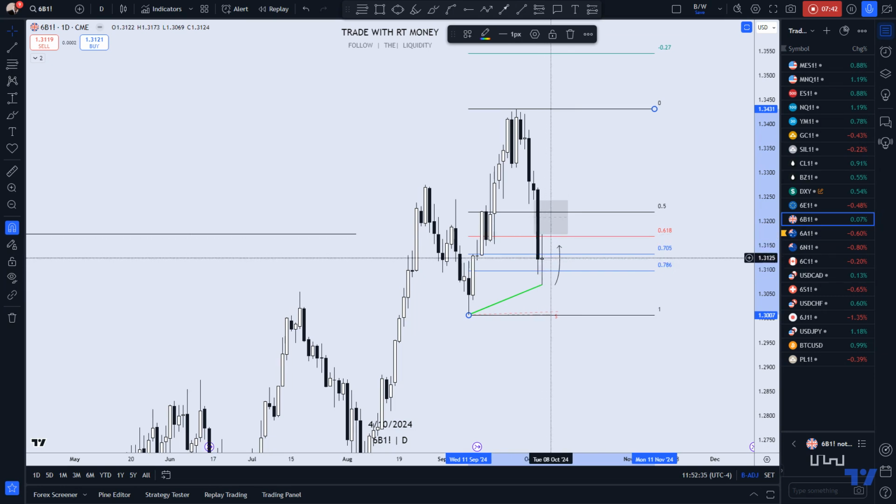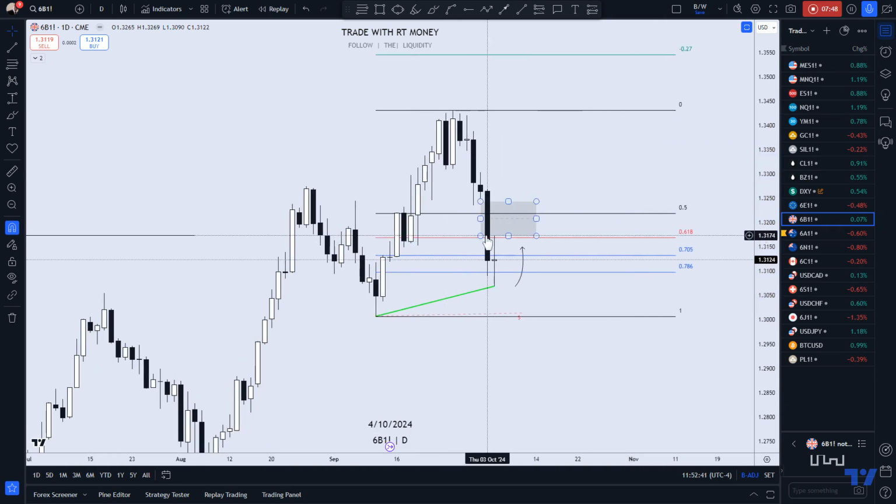You see price finding its footing here. I am looking for price to pull higher, that's why that arrow's here. Now, price has formed a doji on Friday, and that allowed it to form a bearish value gap.